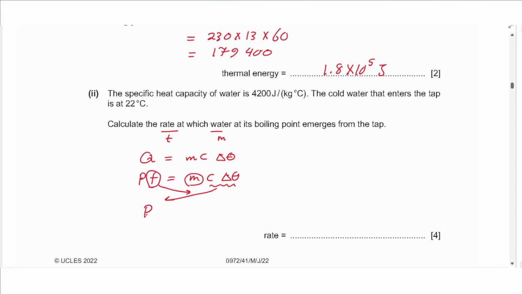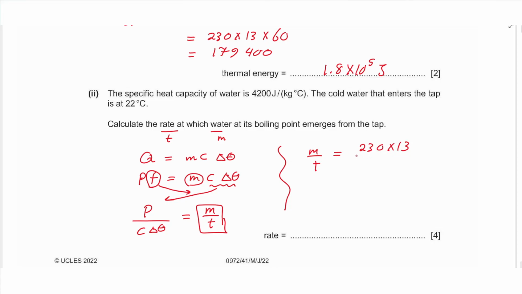We will have power divided by cΔθ equals mass divided by time, which is required here. So we can say that the rate is equal to the power, which is 230 multiplied by 13, divided by the specific heat capacity, which is 4,200, multiplied by the difference in temperature, 100 minus 22.